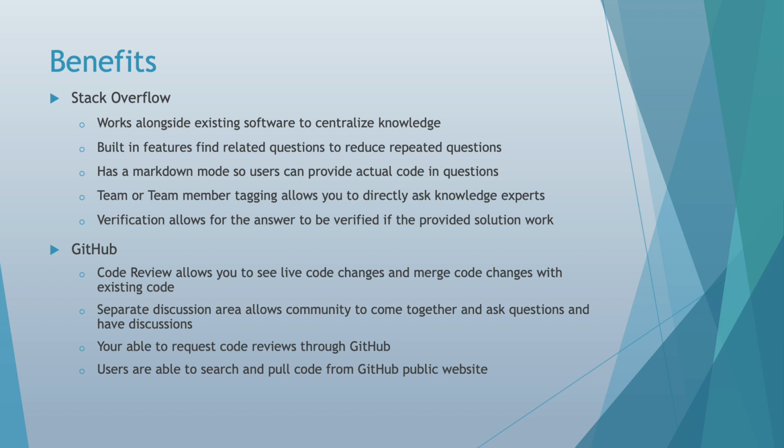Now we'll look at some of the benefits of both Stack Overflow and GitHub. Some of the benefits of Stack Overflow is that this works alongside existing software to centralize knowledge. It does also have built-in features to find related questions when they are asked so that you don't get repeated knowledge created.